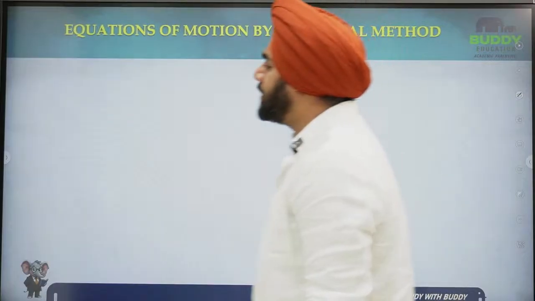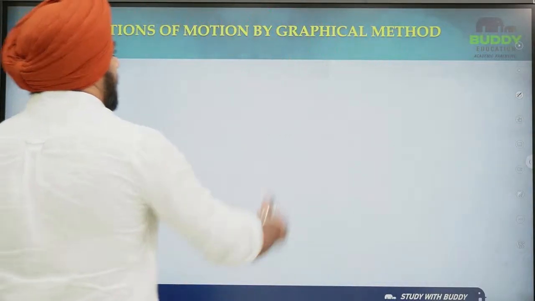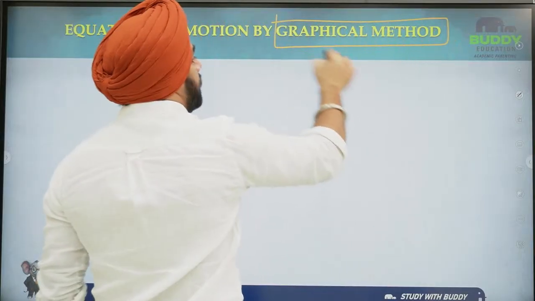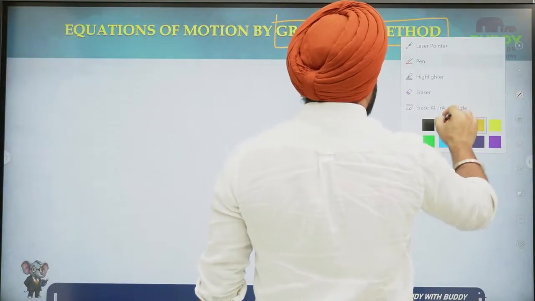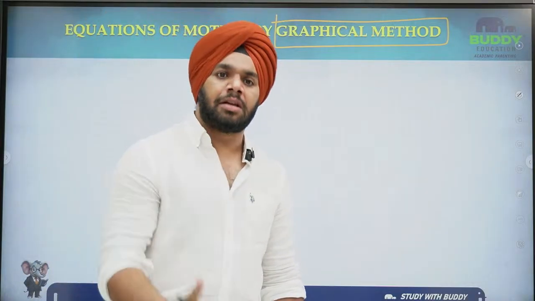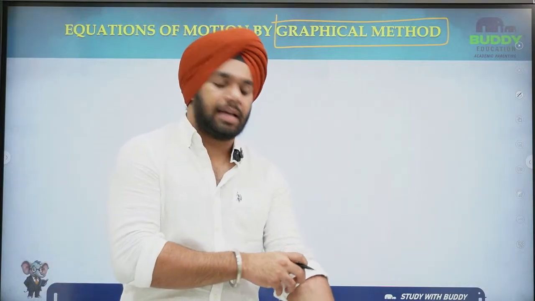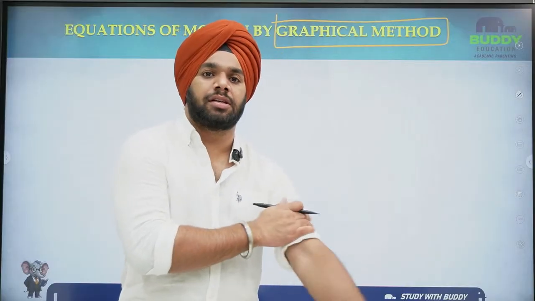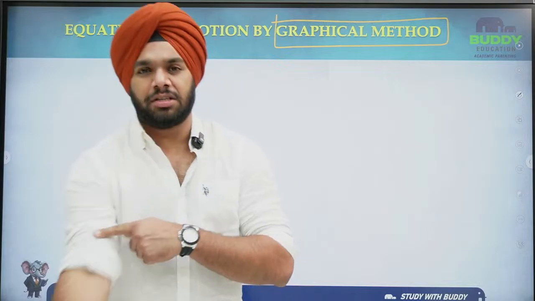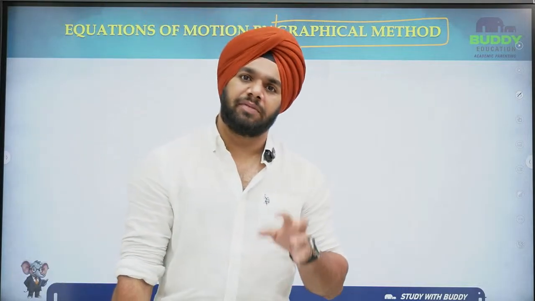But before that, equations of motion by graphical method. As I told you, derivation is very, very important to understand physics. Right now you are in class 9th. We have limited syllabus, but in the next class, class 10th, there will be certain relations. So change your pattern of studying. Once you change the pattern, physics becomes very easy.